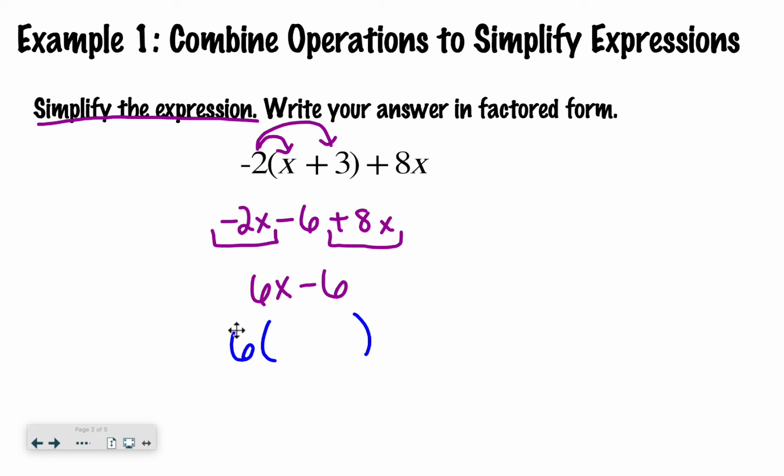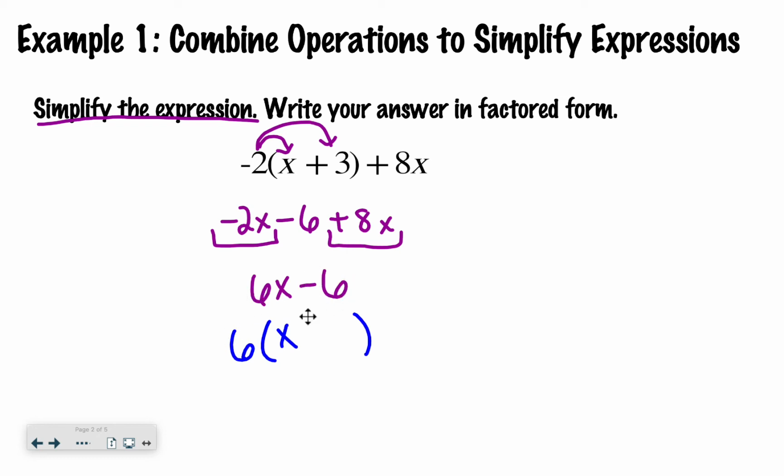And if you're not looking at the screen as I'm doing this, you might get a little confused because I'm pointing to things that you need to know. So 6 divided by 6 is 1. So I would say 1x. Now, since a 1 is in front of a variable, we don't actually have to write it. I can just write x. But if you want to write 1x, that's okay too. And then I have -6 divided by 6.